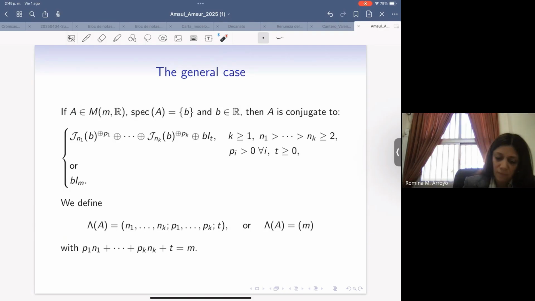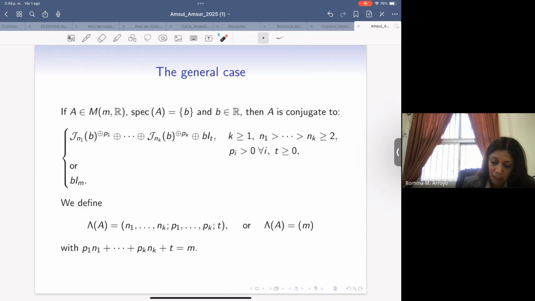I am going to study a matrix which has only one eigenvalue, and that eigenvalue is real and it is B. So A will be conjugate to a matrix like this, the normal Jordan form, or like this if it's a multiple of the identity.